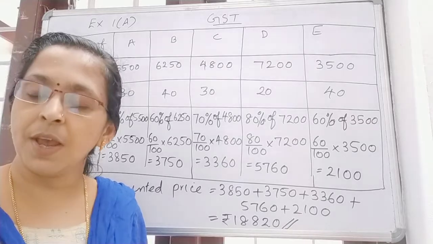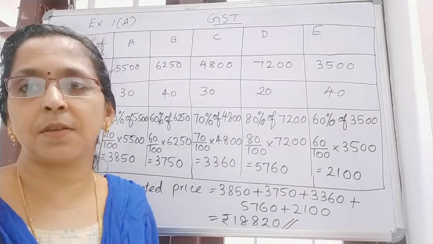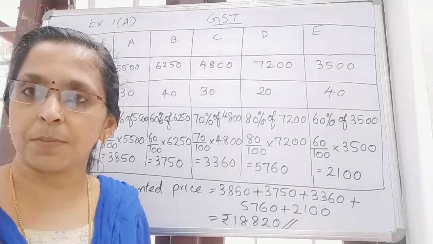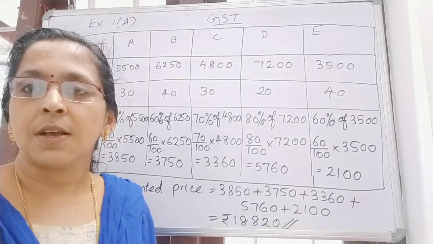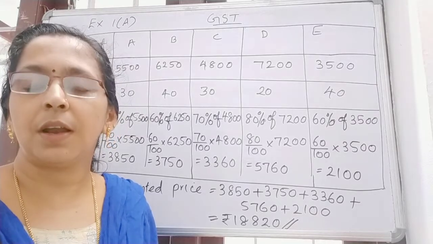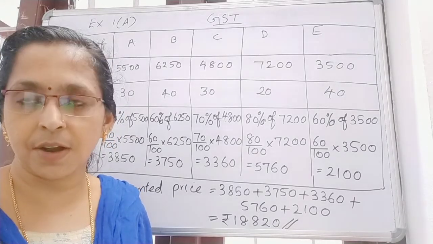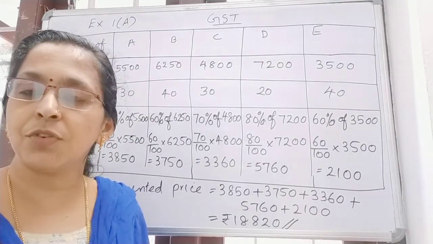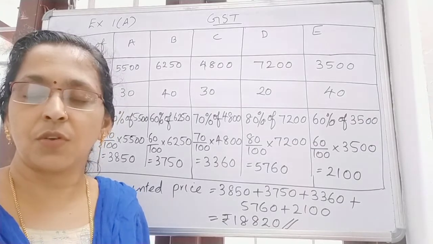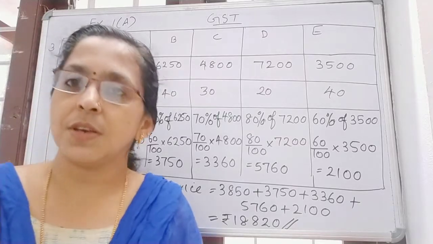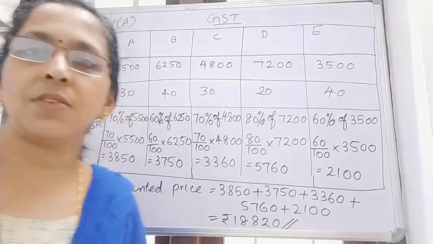Same way SGST also 9% of this total discounted price. So total GST is 18%. Since the transaction is within Delhi, it is an intra-state transaction. So we have to pay CGST and SGST.